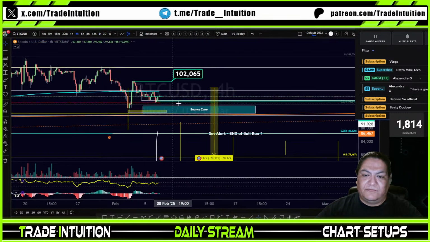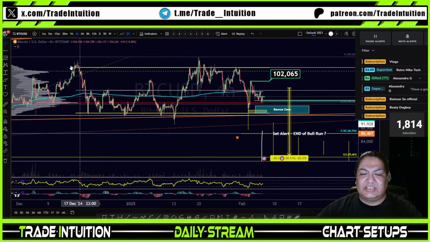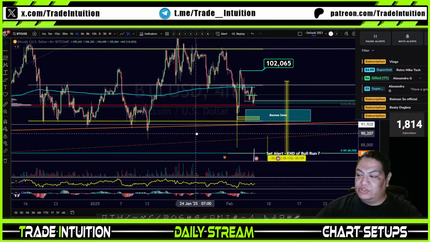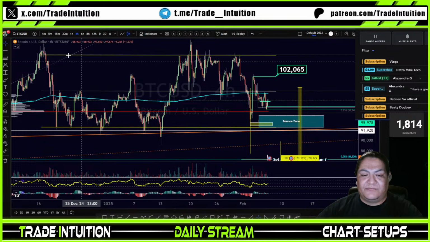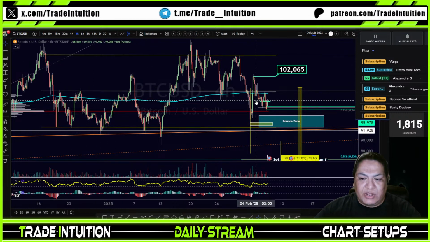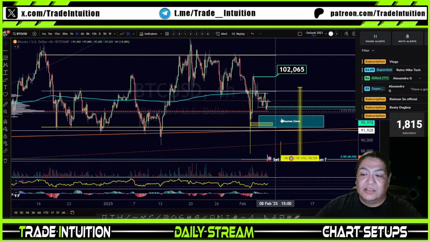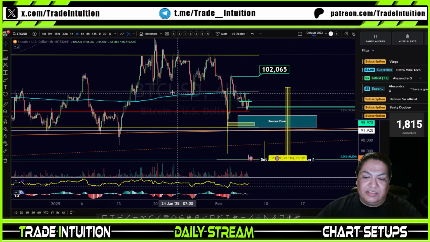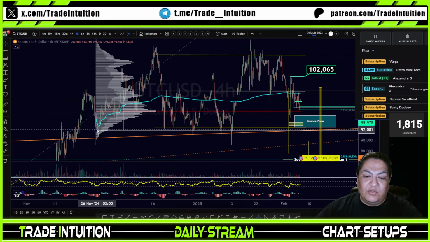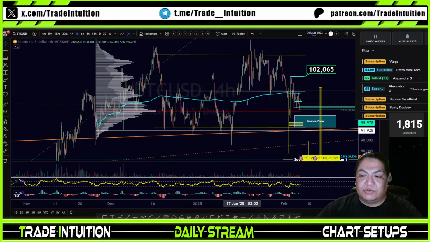On the 4-hour, we can see that we're in this range. This may look a little messy, but we're identifying our range highs, range lows, and also our mid range. Currently, price action is underneath our mid range and underneath our anchored VWAP, which is the blue line.